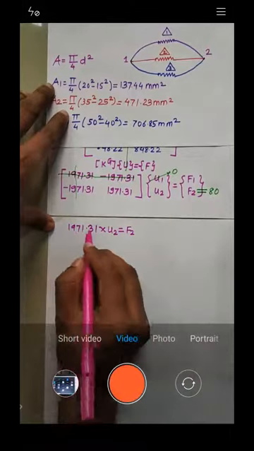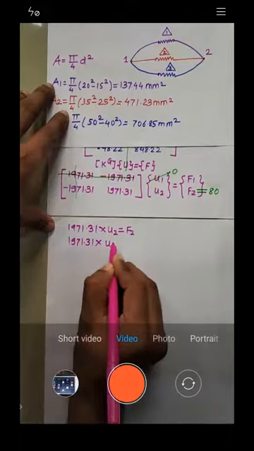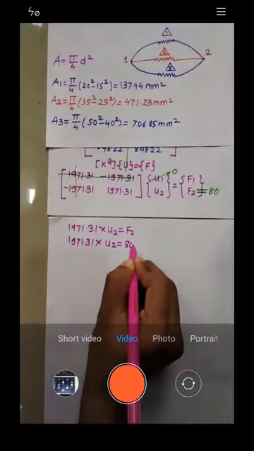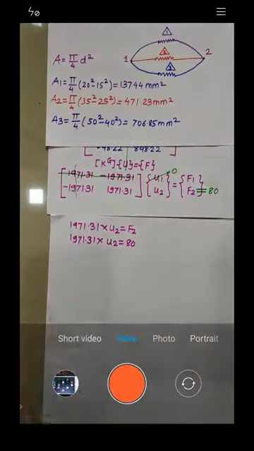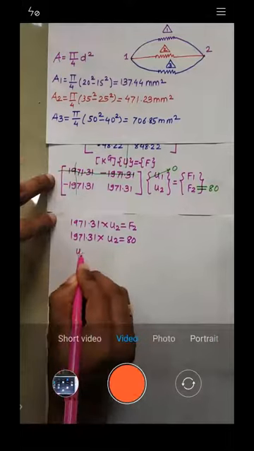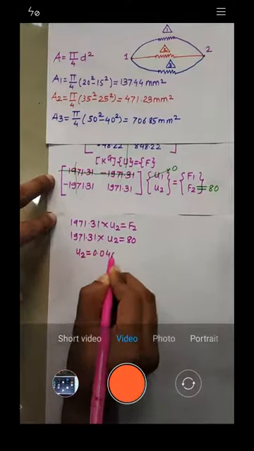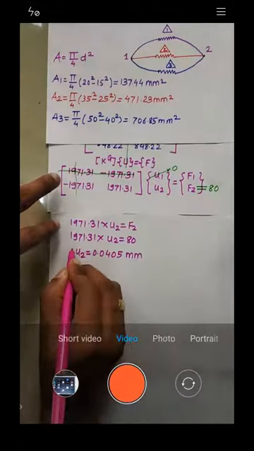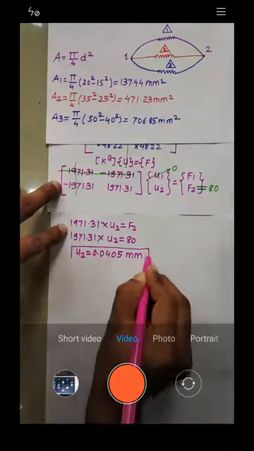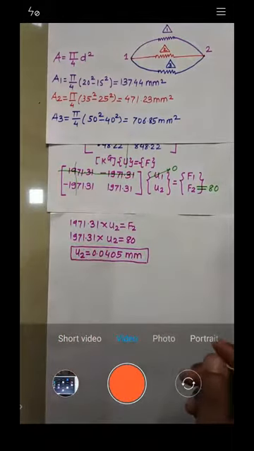So I will write down that: 1971.31 into U2 is equal to F2, and its value is 80, because 80 we have applied, right? So if you just calculate, U2 is going to come as 0.0405 mm. As I told you, you will get a displacement in mm. So this is the value of U2, 0.0405 mm.